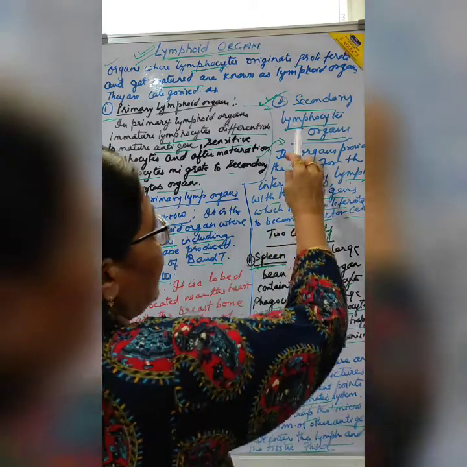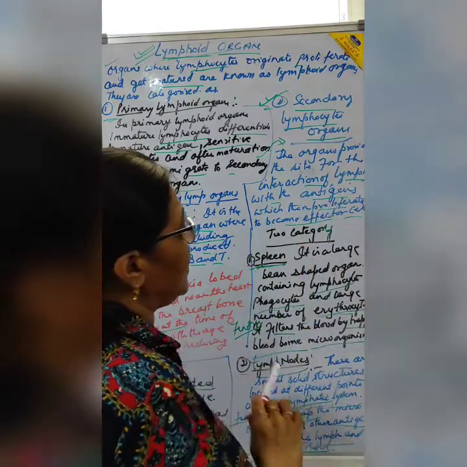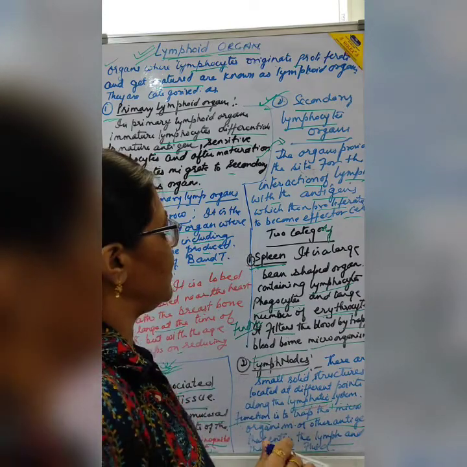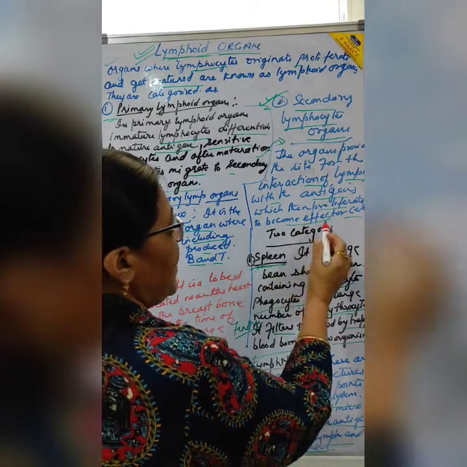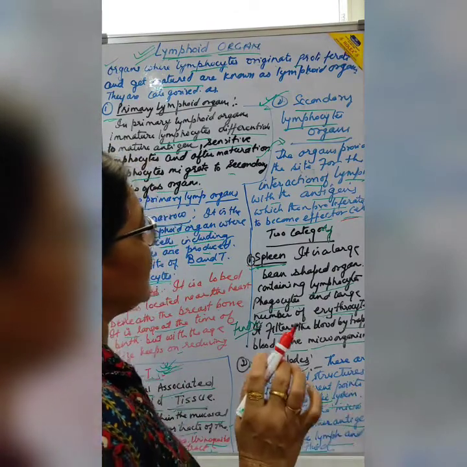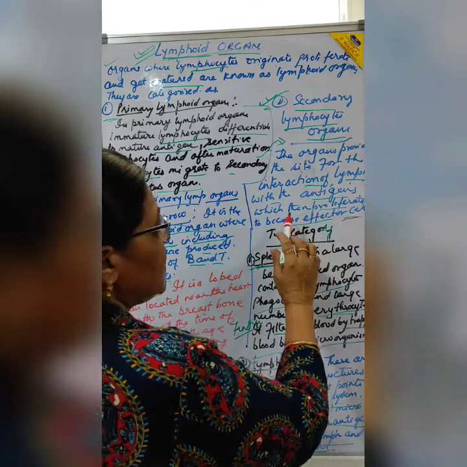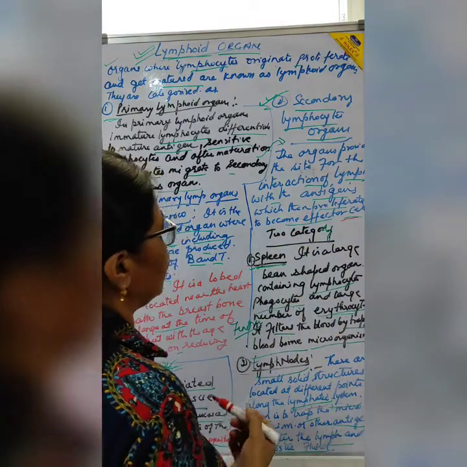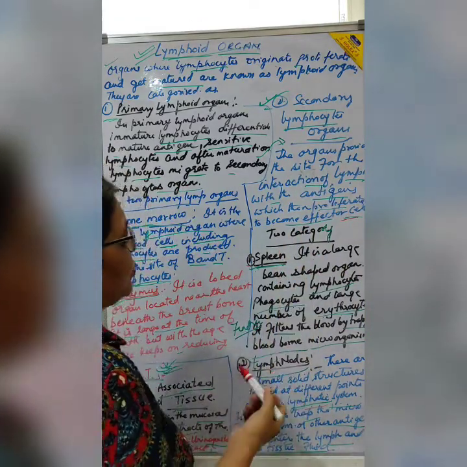Next we have the secondary lymphoid organs. These organs provide the site for the interaction of lymphocytes with the antigens, which then proliferate to become effector cells. They also have two categories, spleen and lymph nodes.